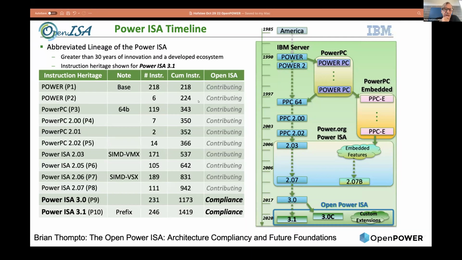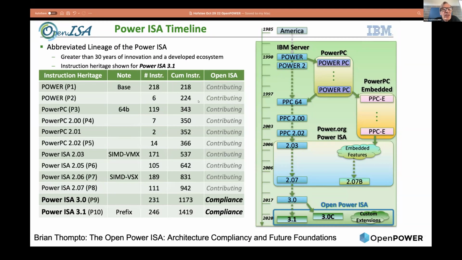The way it's managed is fairly similar to, for example, how RISC-V is managed. The most recent version of the architecture is 3.1, and there's a link to that also in this slide deck.